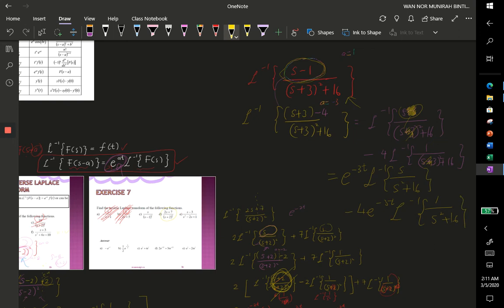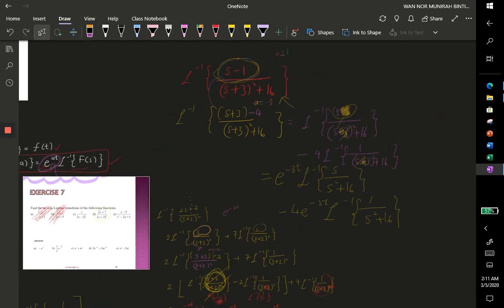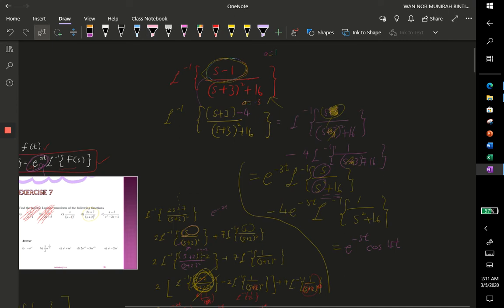Then only you can refer to the table of Laplace transform. We continue. Equals e^(-3t) times s over s square plus 16. 16 is a square, your a is 4, so this one is cos 4t. Minus 4e^(-3t), and you have 1 over s square plus a square, your a is 4, and your numerator is a constant.